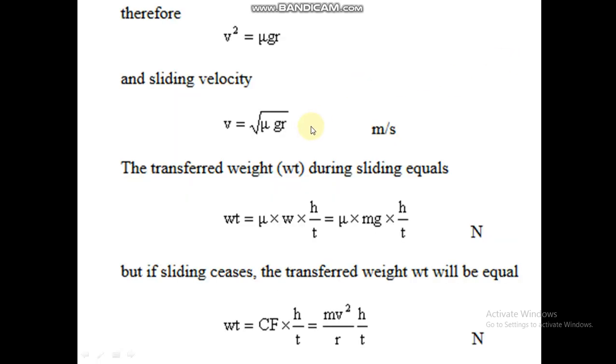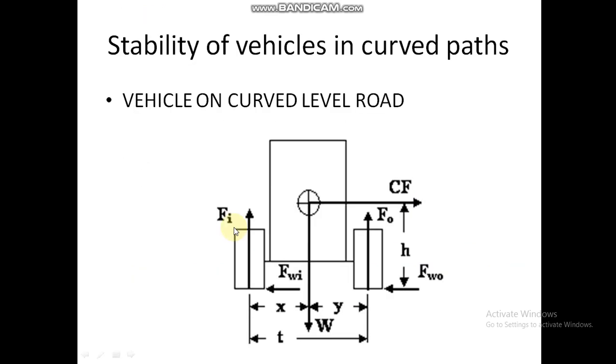Before going further, I want to tell you the basic formulas for the weight transfer. This is the formula for the weight transfer during sliding. When your vehicle is sliding, there is a transfer of weight from the inner wheels to the outer wheels, because of the centrifugal force acting in the opposite direction.